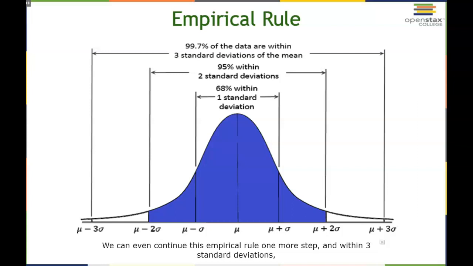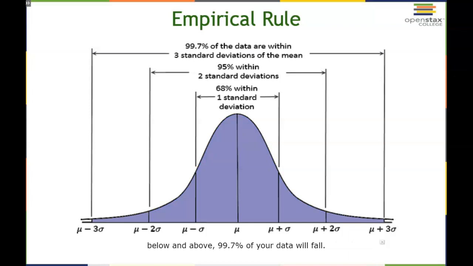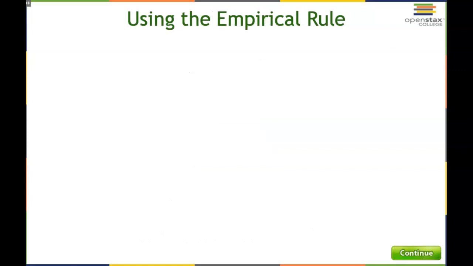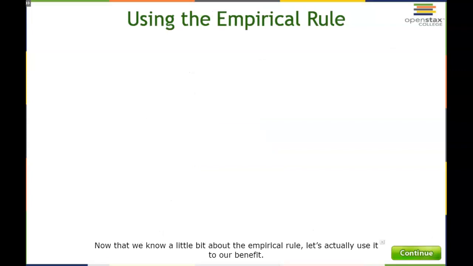We can even continue this empirical rule one more step, and within 3 standard deviations below and above, 99.7% of your data will fall. So yes, the probability of your data falling within 3 standard deviations of the mean, both below and above, is 99.7% or 0.997.